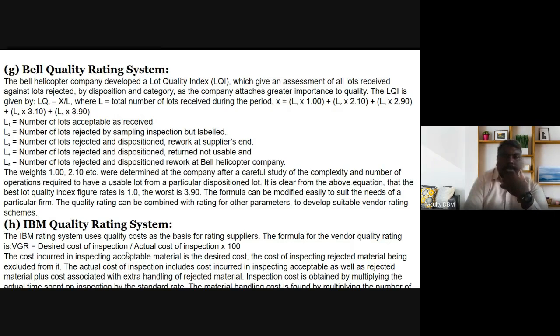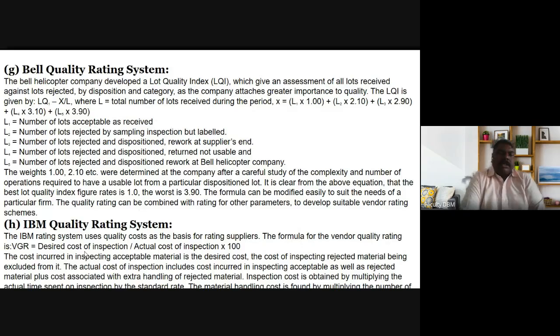And the IBM rating quality system uses quality cost as the basis of rating suppliers. The formula for vendor quality rating is VQR = desired cost of inspection by actual cost of inspection. So here, they are going to see the inspection cost.